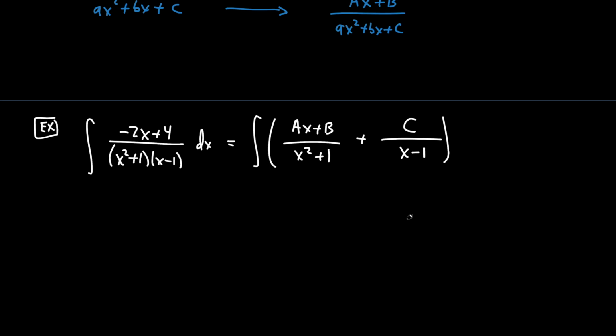Well, let's get our working equation as always. So you're going to take negative 2x plus 4, which is the numerator on this side. And if I were to create a common denominator over here so that we could cancel out the denominators and only compare the numerators, the right-hand side would look like ax plus b times x minus 1.